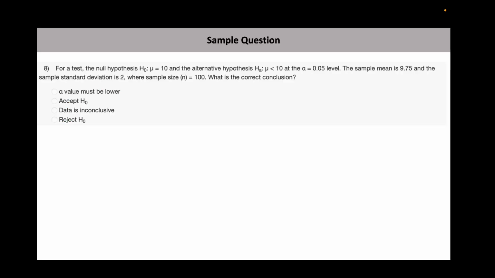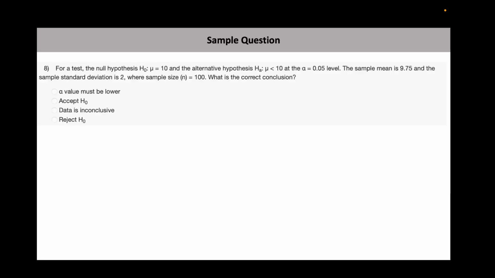For a test, the null hypothesis H naught is mu equals 10, and the alternate hypothesis HA is mu is less than 10 at an alpha of 0.05 level. The sample mean is 9.75 and the sample standard deviation is 2, where sample size n equals 100. What is the correct conclusion?